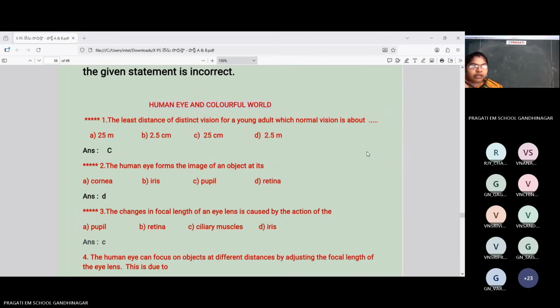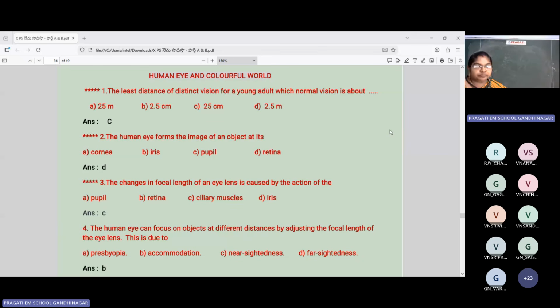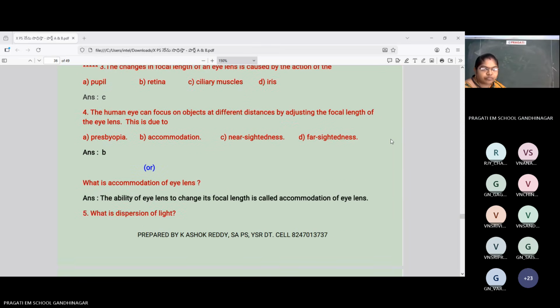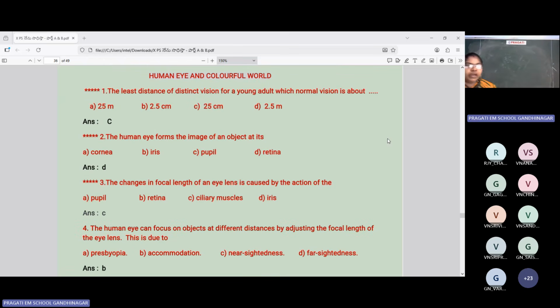Coming to the human eye and the colourful world. The least distance of distinct vision for a young adult with normal vision is about 25 centimeters.